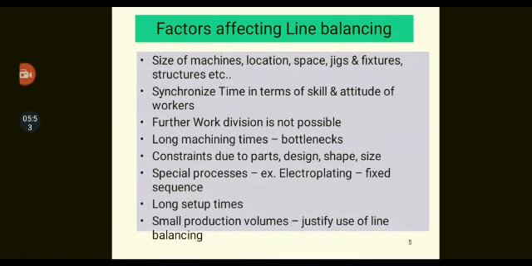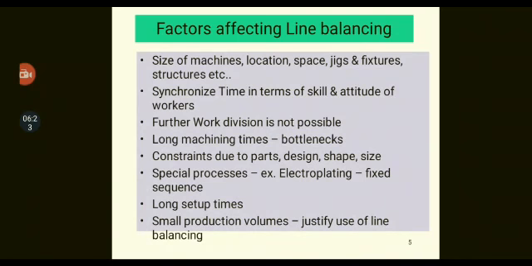Next, long machining times, that is bottlenecks. Next, constraints due to parts, design, shape, size. Next, special purposes like electroplating, that is in a fixed sequence.